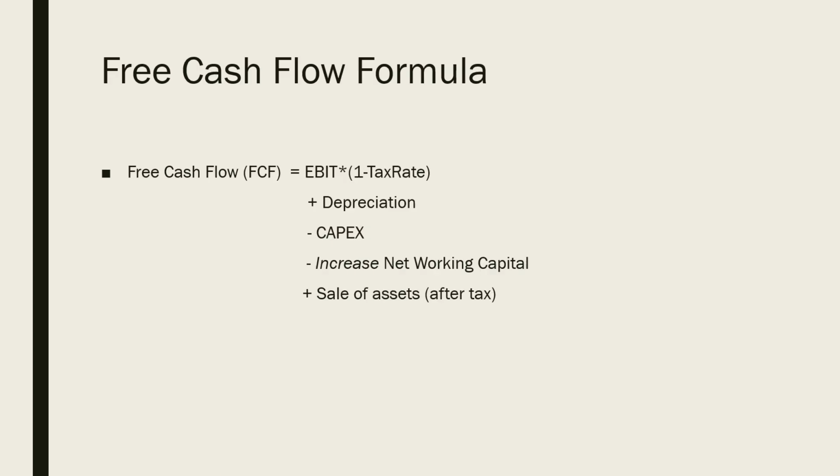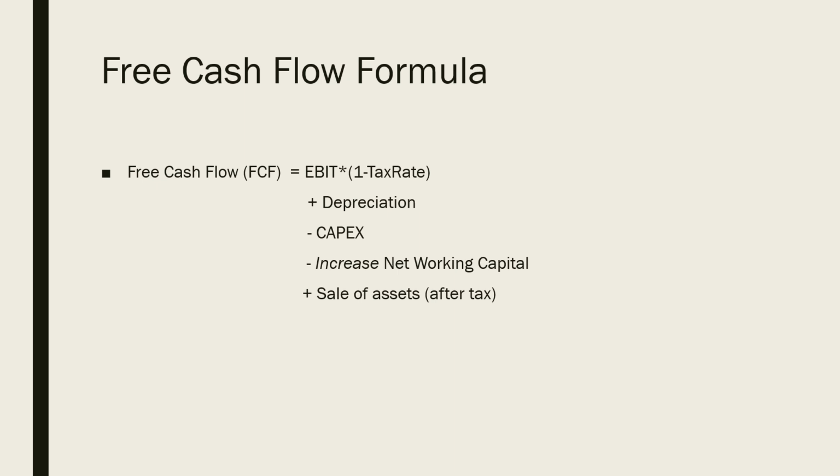In finance, we put all of these things together and we call this free cash flow. We use that term to distinguish it from other kinds of cash flow that accountants have. You'd think cash flow is cash flow, but it isn't. And so here is the formula for free cash flow, which is what we're really trying to work out. Free cash flow is equal to the operating profits, that's EBIT, after tax, so EBIT times (1 minus the tax rate).